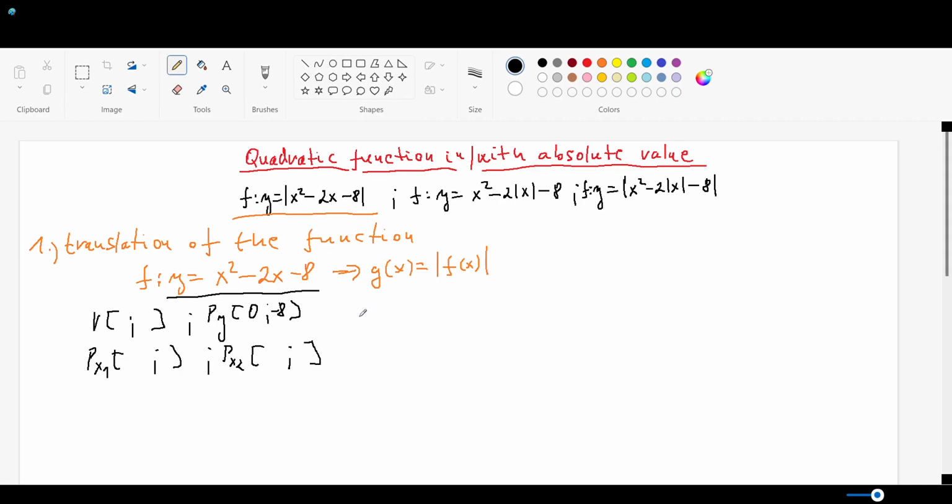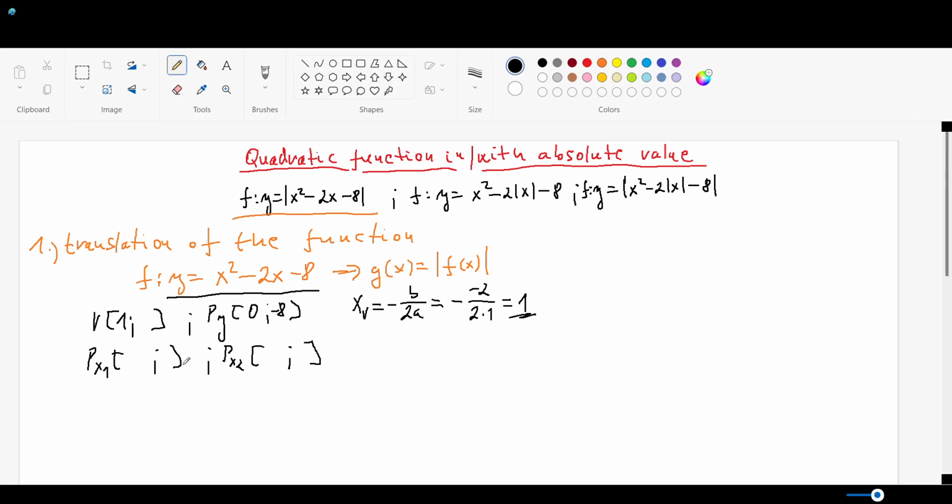In this case you have to remember that the x coordinate of the vertex can be calculated by using the formula negative b over 2a, which is in this case equal to negative b, which is -2, so -(-2) over 2 times 1, which is equal to 1. Okay, because -(-2) is 2, over 2 is 1.